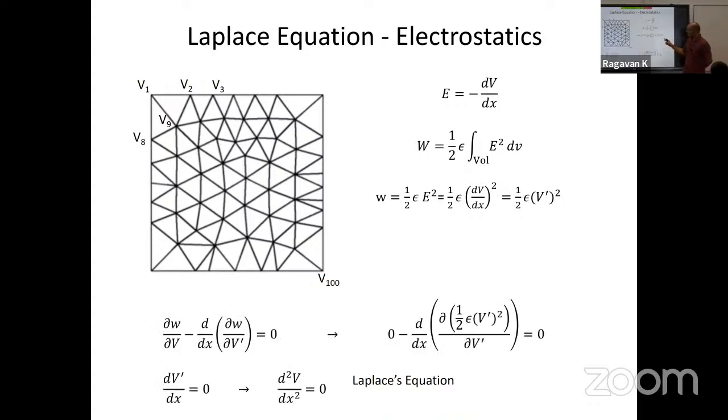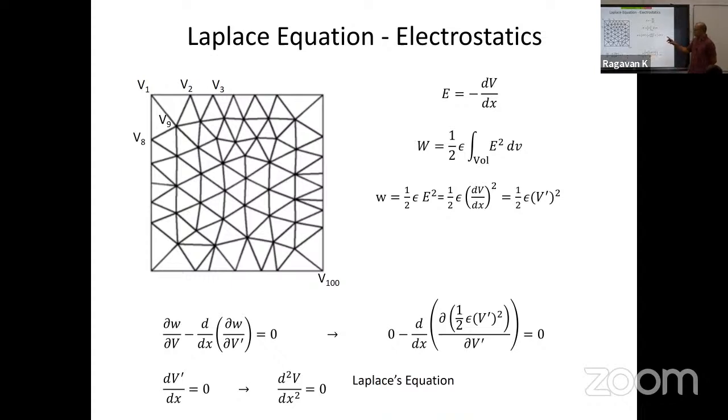Further, if I put it into Lagrange's equation, the variation of the energy density with respect to V, subtracted from the second expression, should be 0, because this energy density function is not a function of V. In this case, the first term is 0. That term is not present, right? Whereas for the second term, first we have to evaluate how the energy density function varies with respect to V dash.